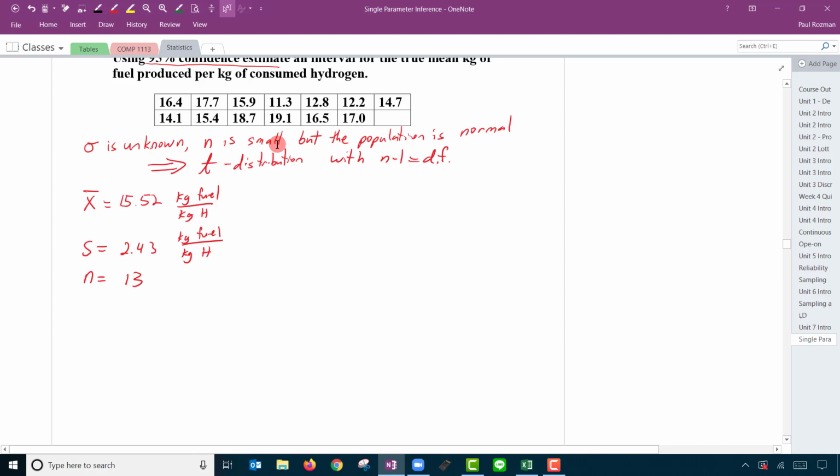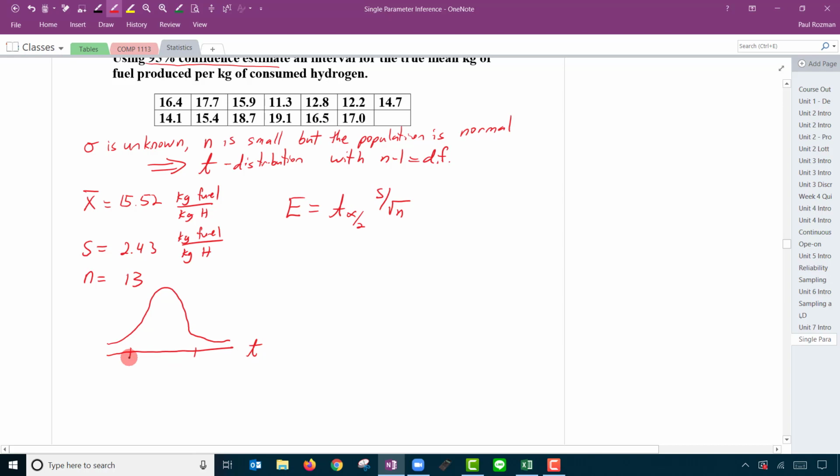To calculate the error, we said we're going to use the t-distribution. So our formula for error now is a t-score alpha over 2, and it gets multiplied by the standard error, which is S over the square root of N. So we just basically need to figure out what t is. So make a little sketch, find your critical values.